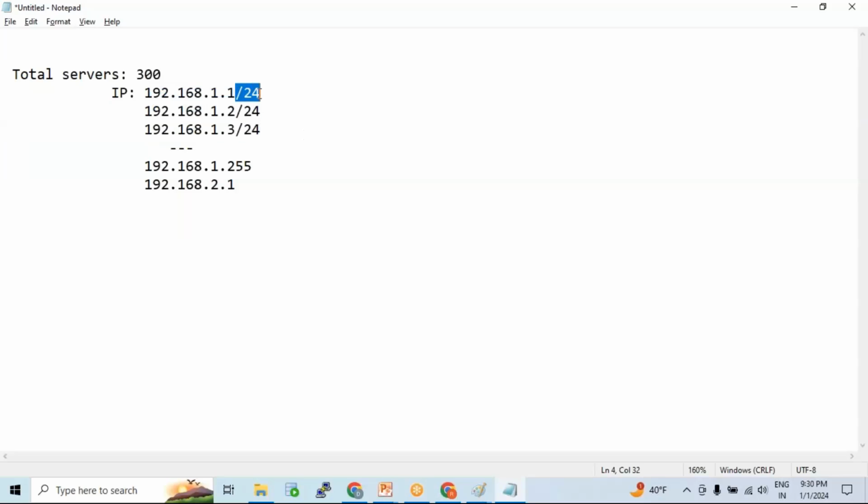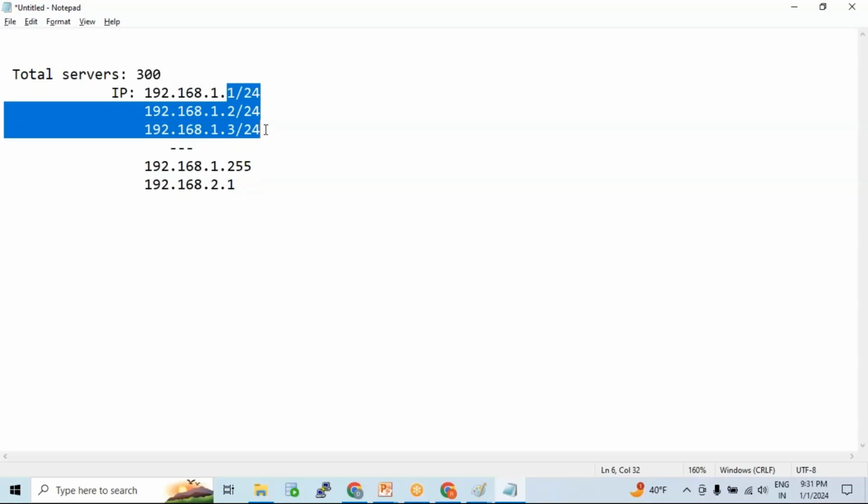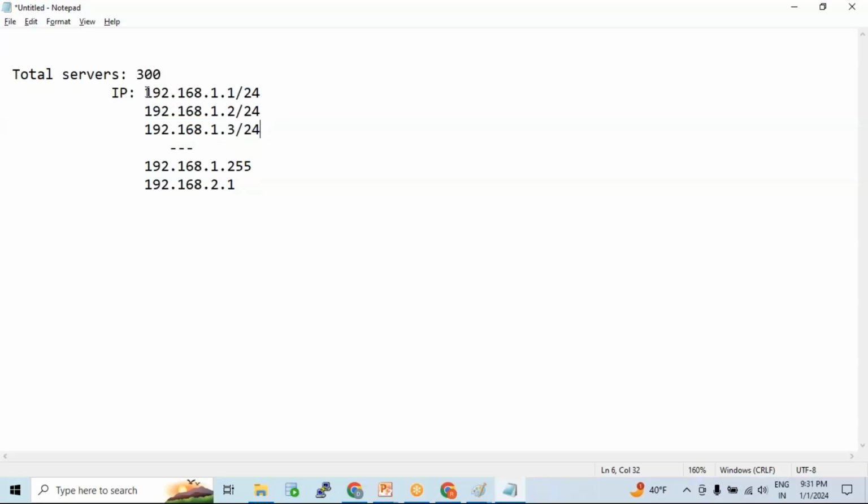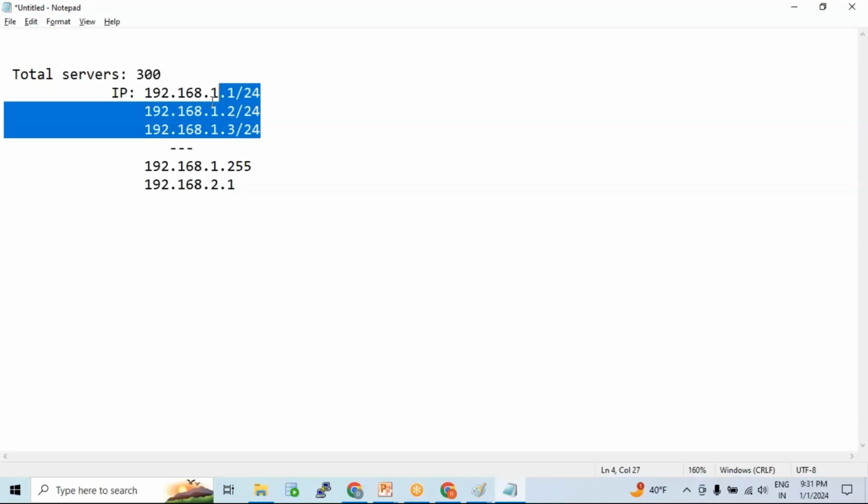The CIDR notation is helping me understand in this given IP address how many bits are used for the network identification, and all of these IPs are in a /24 CIDR network. So I would say that 192.168.1 is the network part. The network part is the same across all these three IPs, and definitely all these three IPs belong to the same network.